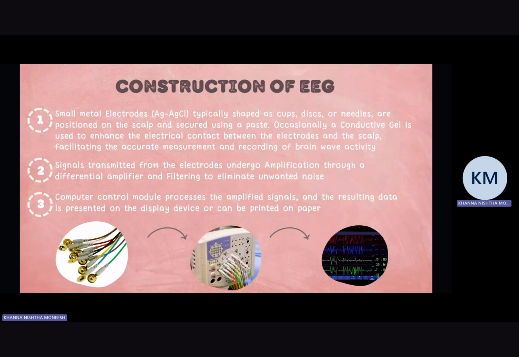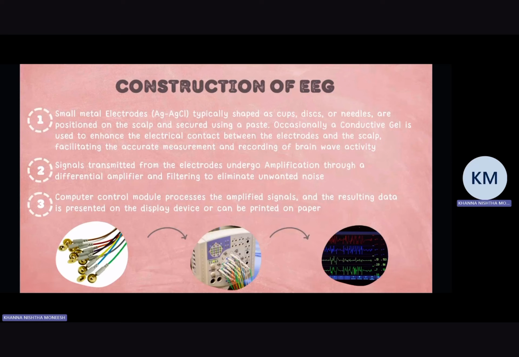The construction of the EEG entails several key components. Small metal electrodes, typically made of silver or silver chloride and shaped as cups, discs, or needles, are placed on the scalp and secured using paste. Occasionally, conductive gel is utilized to improve the electrical contact between the electrodes and the scalp, enhancing the accuracy of brain activity measurement.